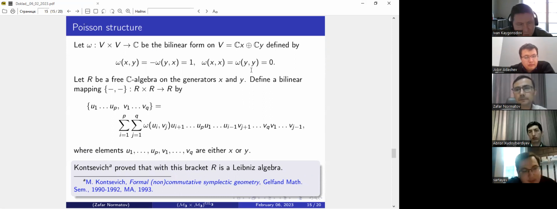Okay, I'm talking about another example. If you will take a commutative associative free algebra, and you will define by this way the bracket, is it the same algebra that you have in the Ginzburg example, or no?